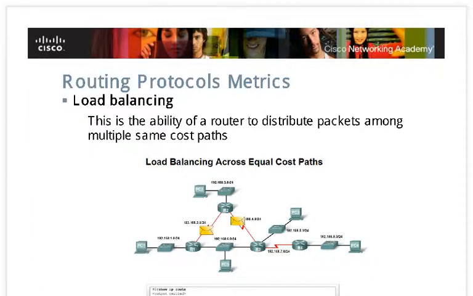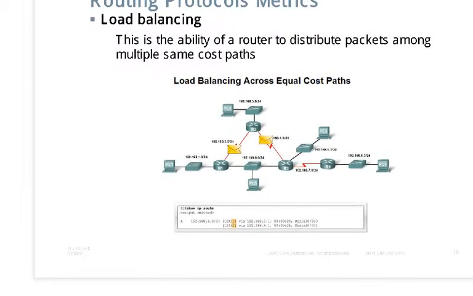So it says, okay, I will consider both routes. When I send a packet, I will consider two routes. For example, if I want to reach that PC here, I can reach it this way or through this way.